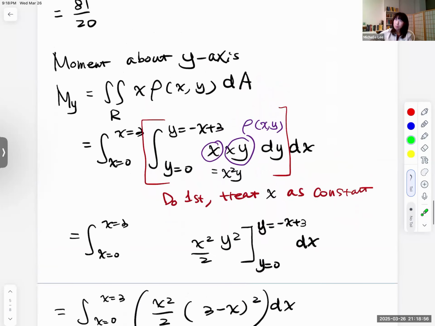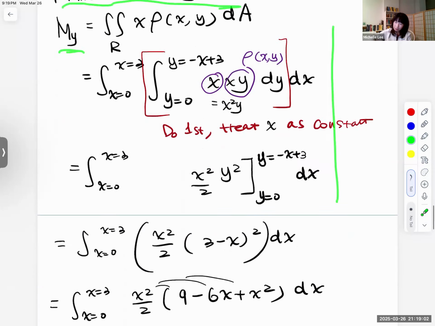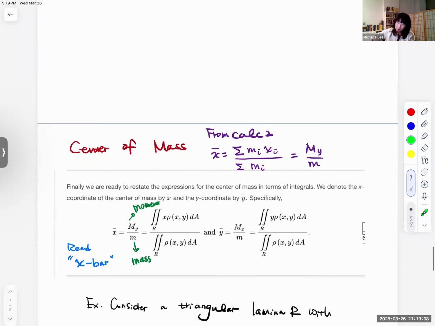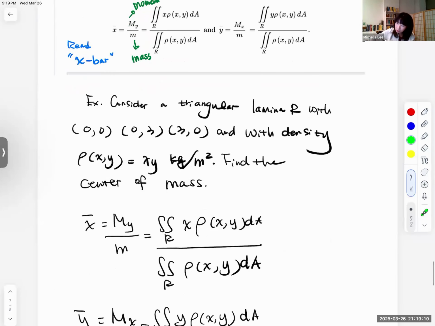So moment about the y-axis is 81 over 20, over the mass we found in the first question.